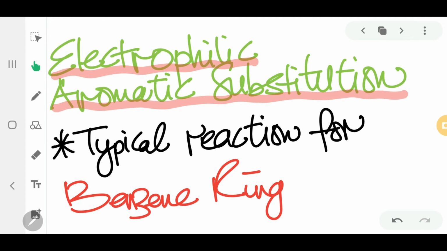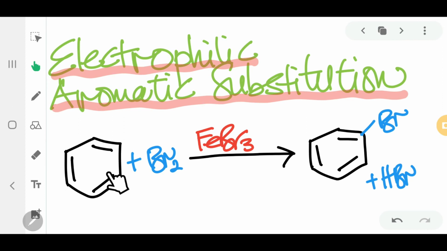The other substitution reaction is electrophilic aromatic substitution, and this one is typical for the benzene ring. When you have a benzene ring and you want to replace one of its H atoms with Br2 in this case, this is electrophilic aromatic substitution. You have substituted the H with Br.